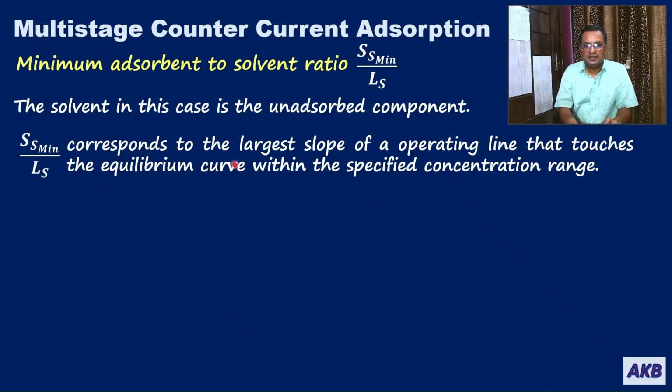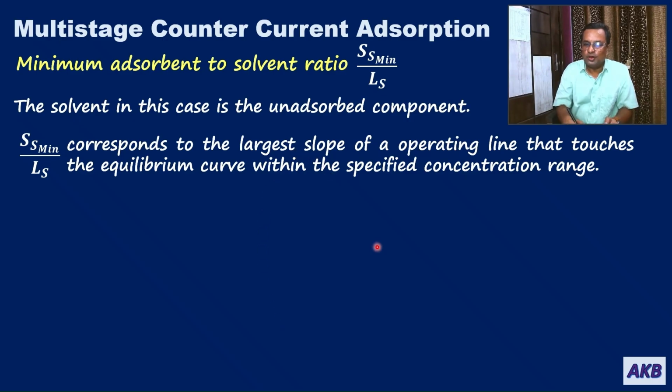So here SS minimum by LS is the largest slope of an operating line that touches the equilibrium curve within the specified concentration range. So here we are talking about those operating lines which touch the equilibrium curve. And out of all these operating lines, we are concerned with an operating line that has the largest slope among them.